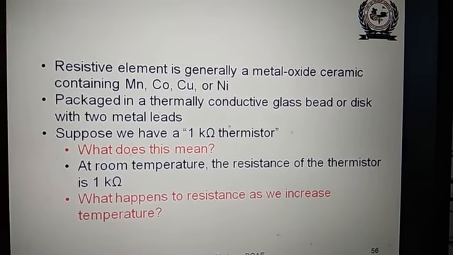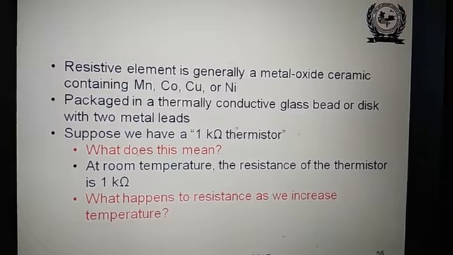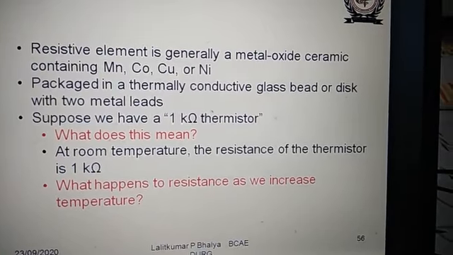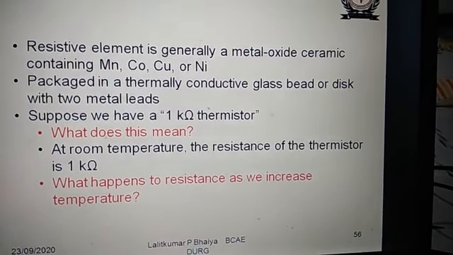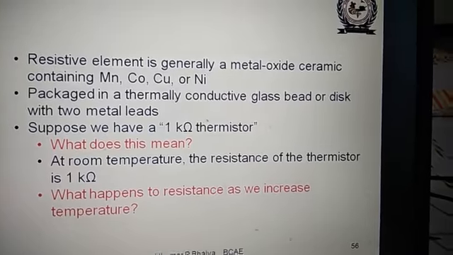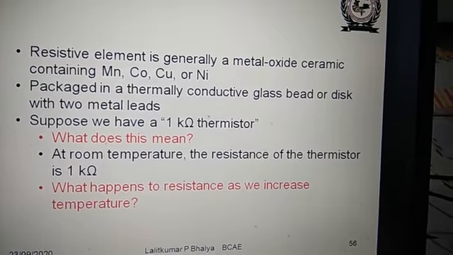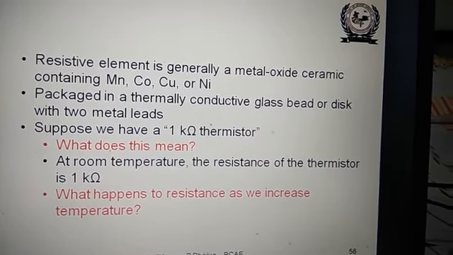Suppose we have a 1 kilo ohm thermistor. What does this mean? At room temperature, the resistance of the thermistor is 1 kilo ohm. What happens to resistance as we increase the temperature? Now this is a very important question.